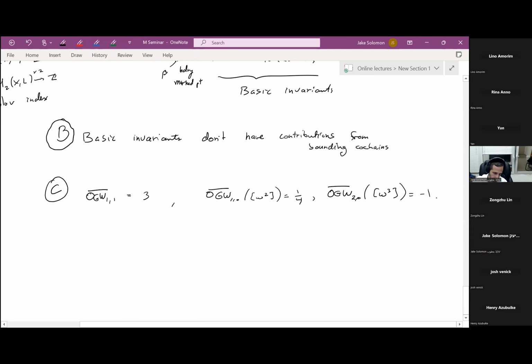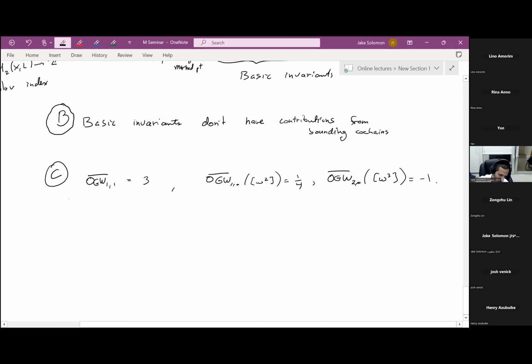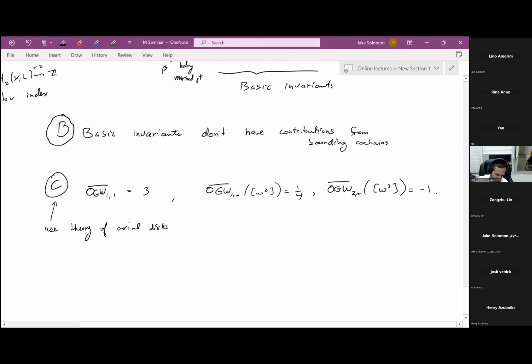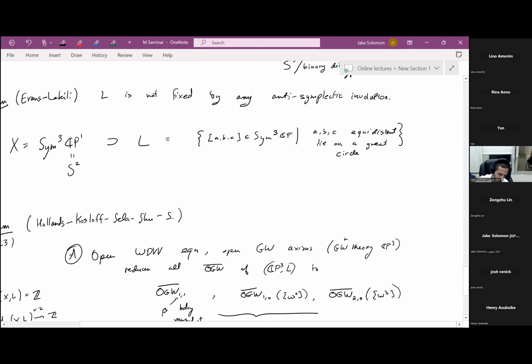Okay. And so these computations use the theory of axial disks. I guess one thing to keep in mind is that this is kind of an orbit of SU2 in the third anti-symmetric power of the third symmetric power of the defining representation C2.